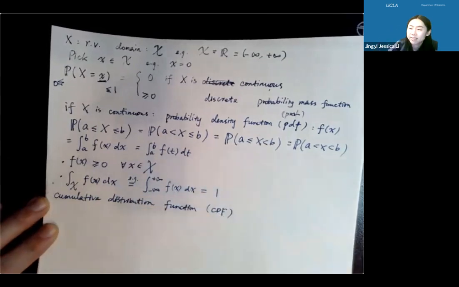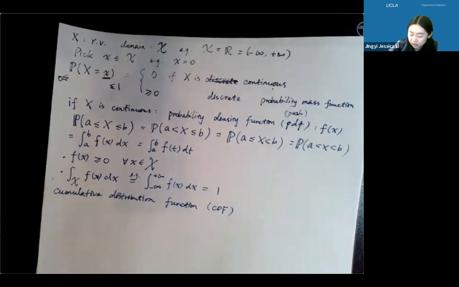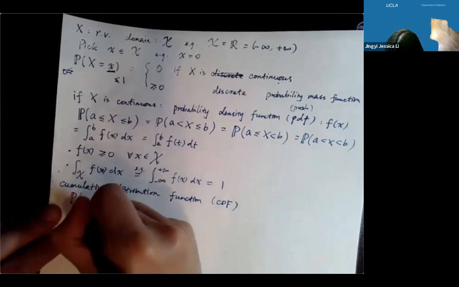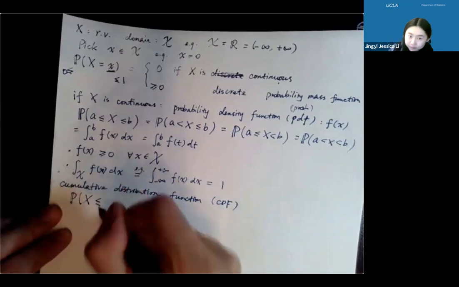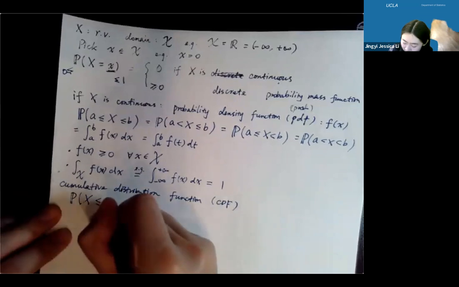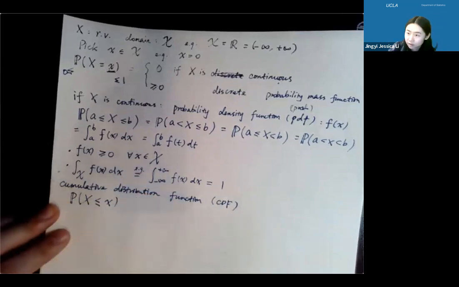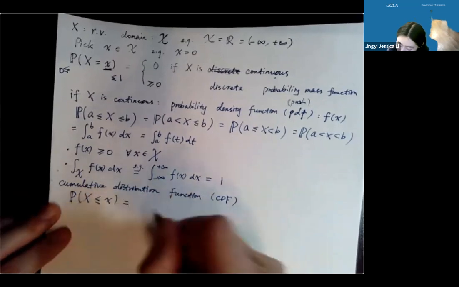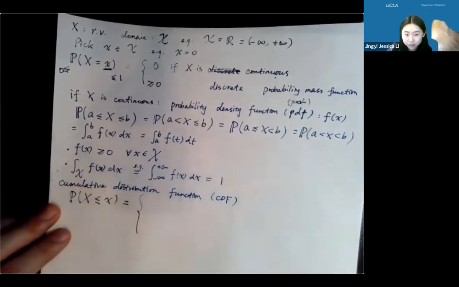Okay, and we have the CDF for both discrete and continuous random variables. So it's universally defined as the probability that a random variable big X is under a single value small x. Okay, but it differs for the two types of random variables in the definition.